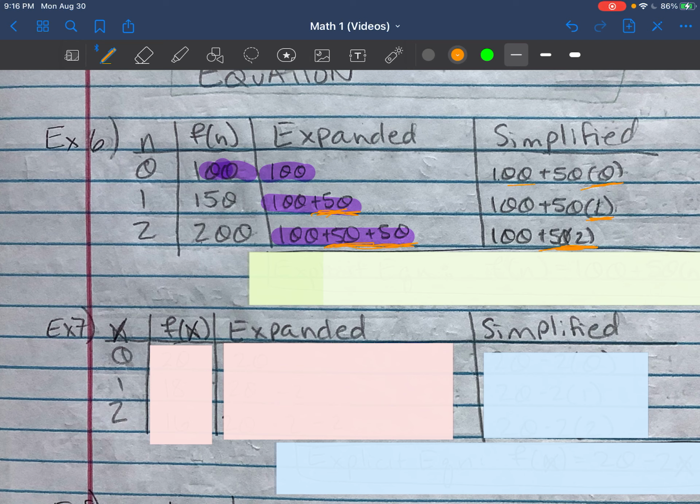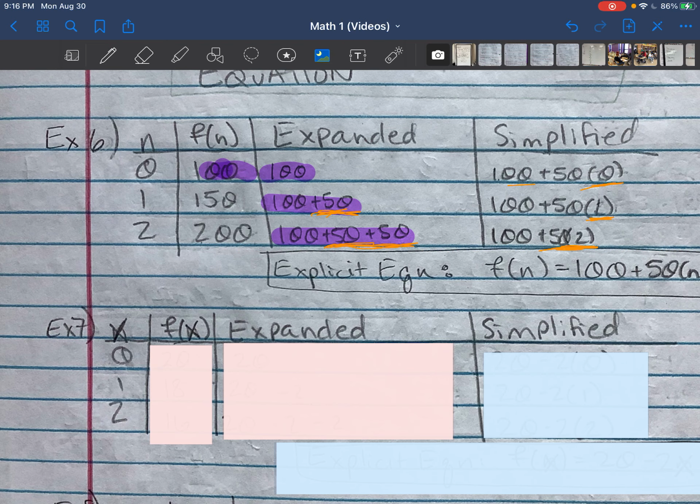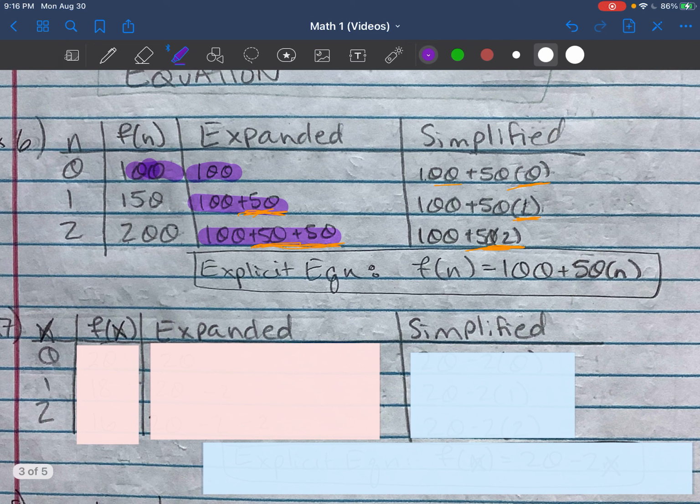The explicit for this guy is going to be f of n equals 100, because that is always in there, plus 50. That is always here in my simplified. What changes is what I multiply by the 50, so that's where I'm going to put my n. Okay?